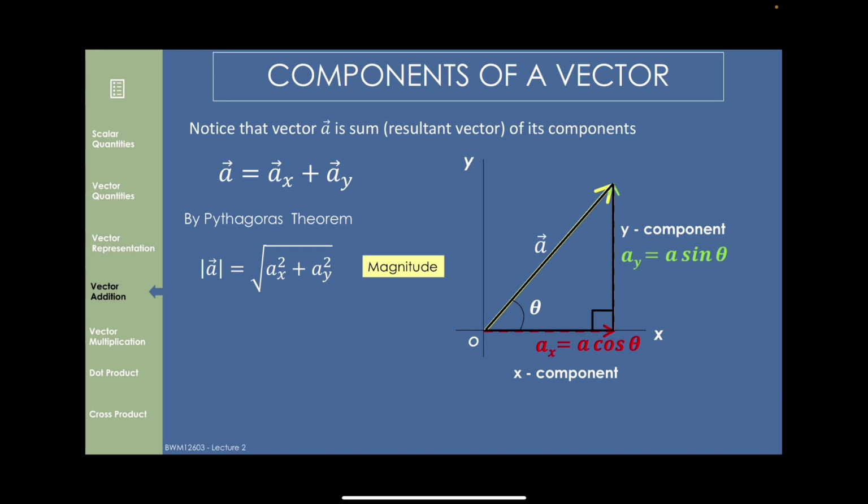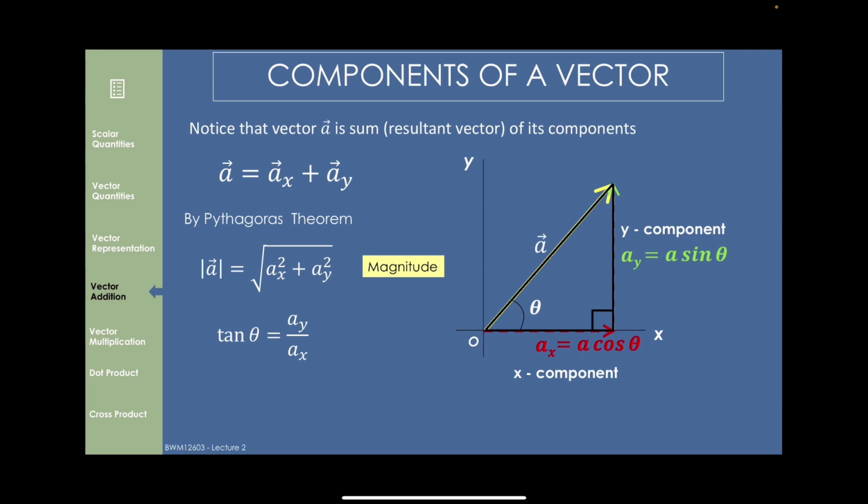A vector has two things, a magnitude and a direction. So how can we determine direction? Using trigonometric ratios, we know that tan theta is equal to Ay over Ax, where Ay is the perpendicular and Ax is the base.